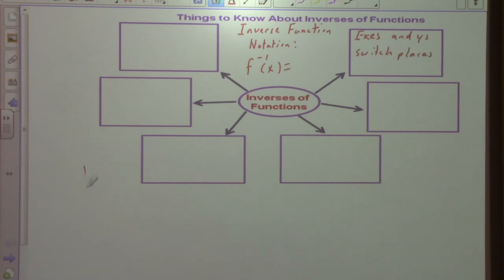So if you see a table with data like this, the inverse function of this is just going to be like this, right? Just x and y switch places.